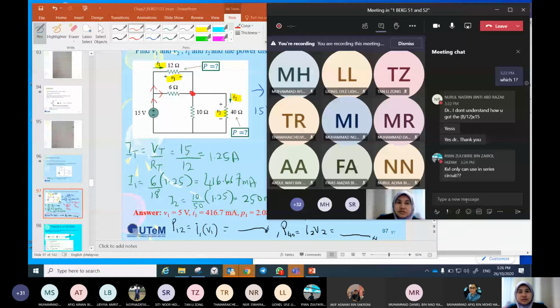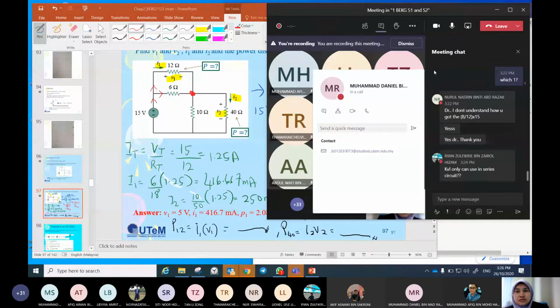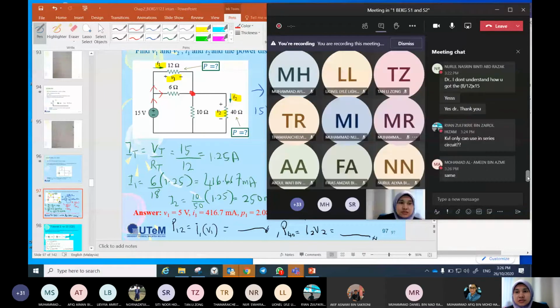Get the same answer or not? Daniel got the same answer, same. Al-Amin got the same answer, okay? Good. For both power. Okay, how about others?